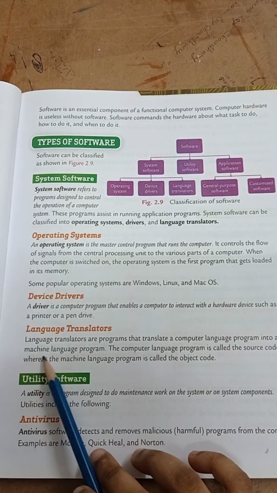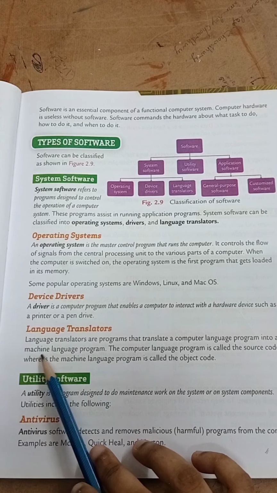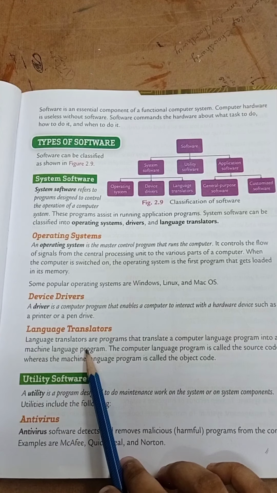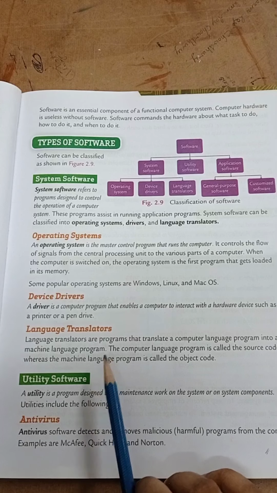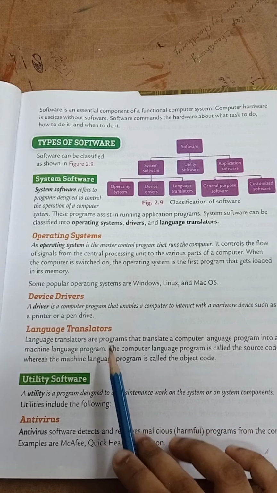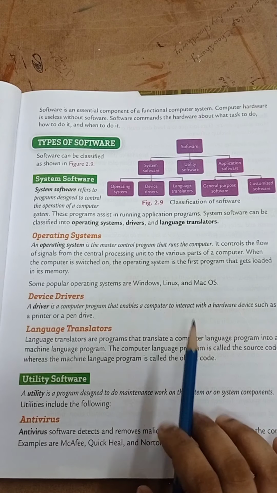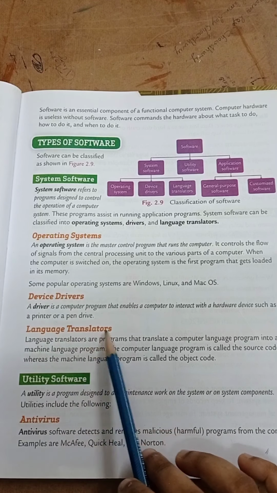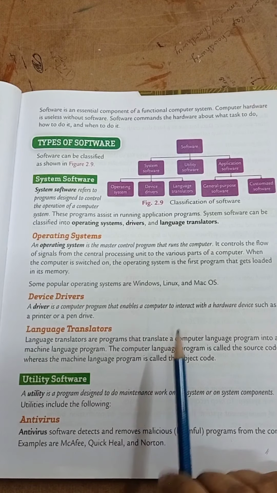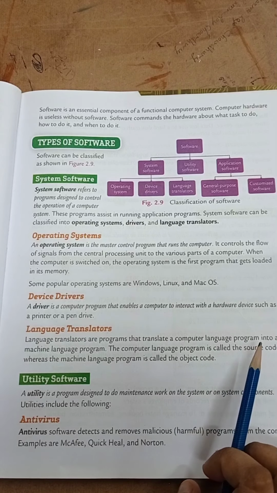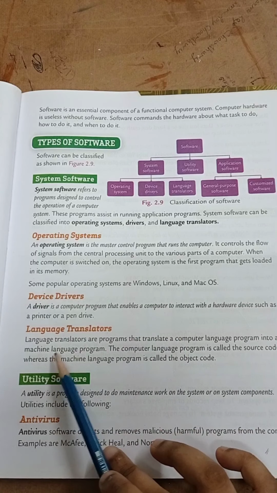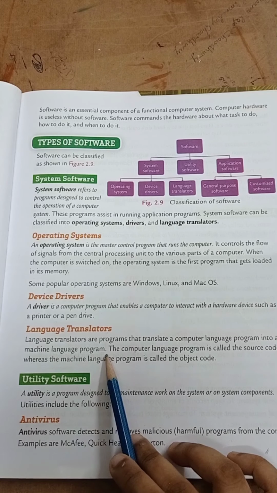And machine language programs means programs written in zeros and ones. Computer only understands zeros and ones. That is why we use a language translator to translate computer language programs into machine language programs.